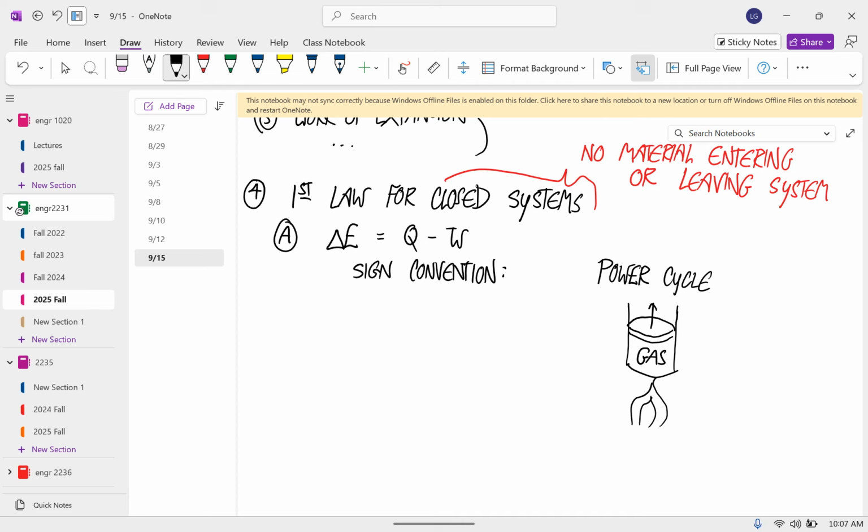So heat in to the system, resulting in work out of the system. Okay, and so in a power cycle, your Q and your W are both positive. So that's what this sign convention is. You can always make sense out of it thinking about the power cycle.